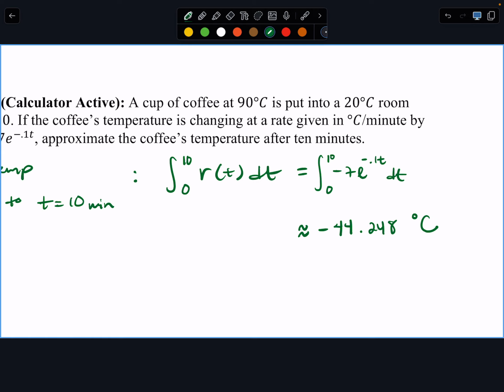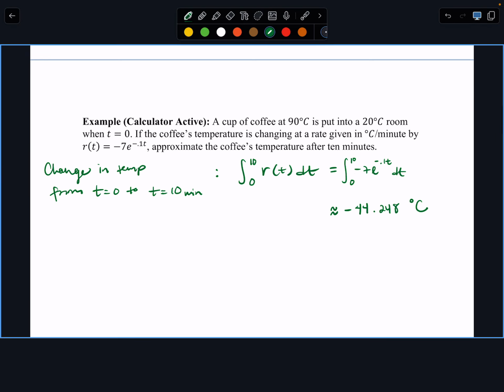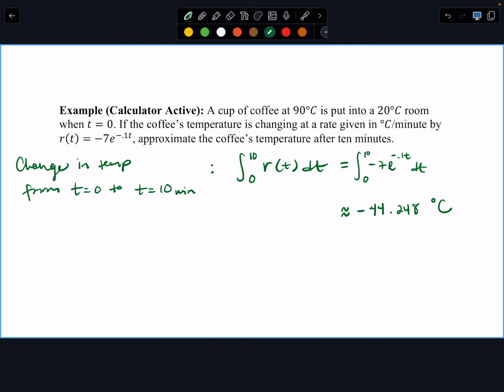So if we wanted to find the actual temperature, we take the initial temperature, so the temperature at t equals 10 minutes would actually be 90 degrees and then subtracting the 44.